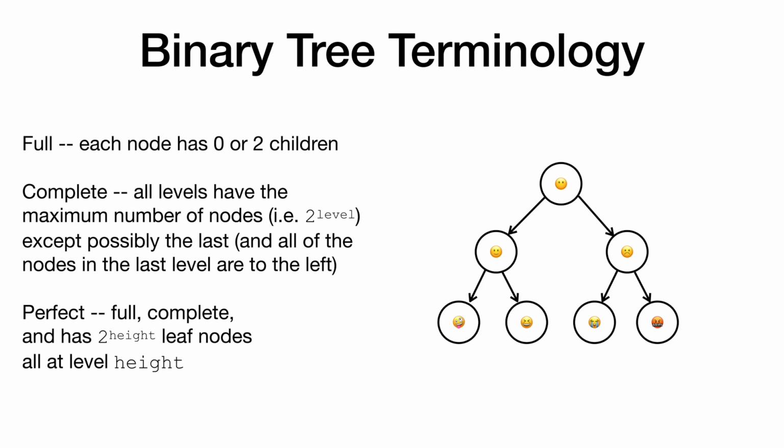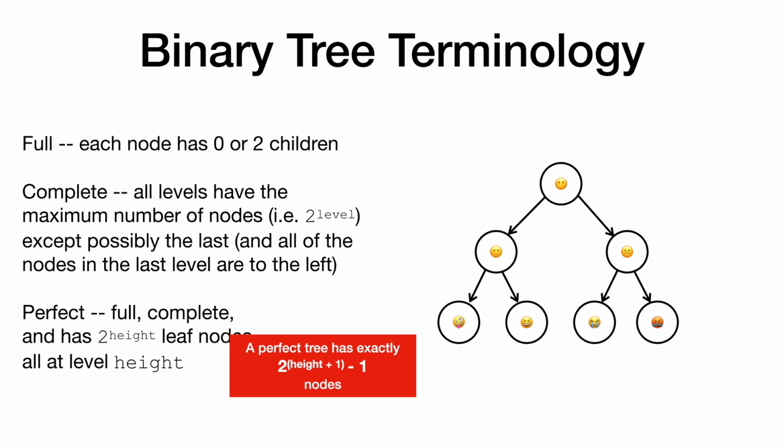One of the nice things to know about a perfect binary tree is that it has exactly 2 to the height plus 1 minus 1 nodes. So here again the height is 2. So this equation says that we should have 2 to the 3 minus 1, so that's 8 minus 1. We should have 7 nodes.